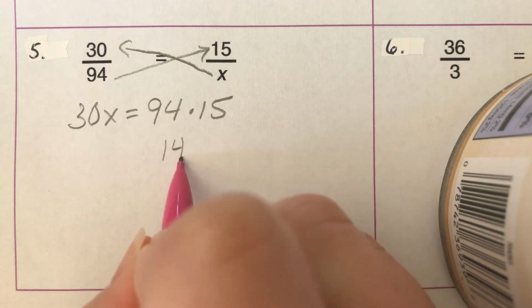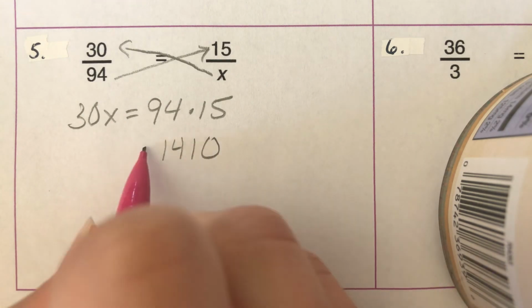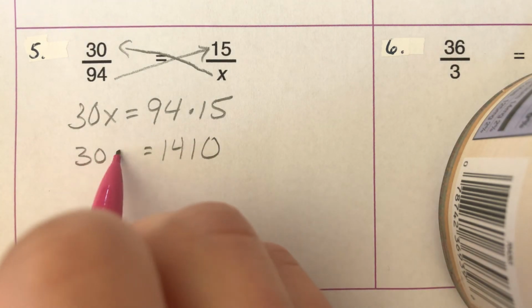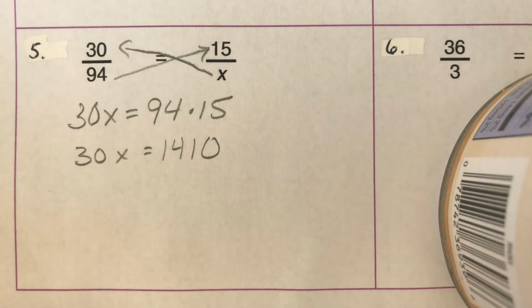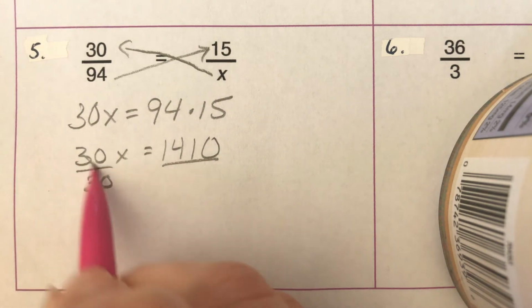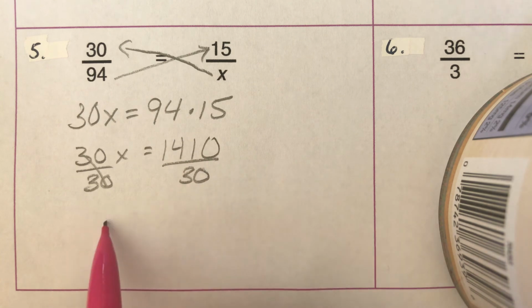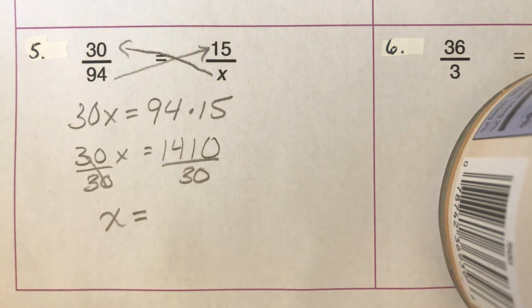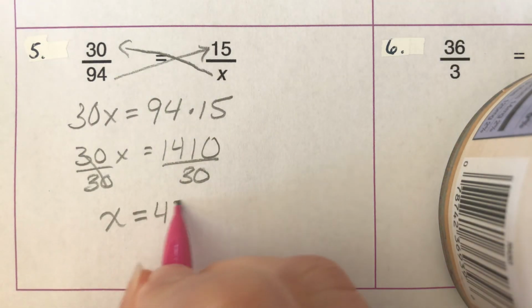I get 1,410. Just bringing down 30x. It's a one-step equation. Inverse operation here. I'm going to divide each of these by 30. So in my calculator, 1,410 divided by 30 gives me 47.